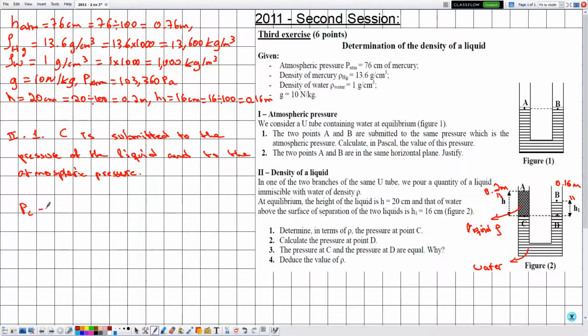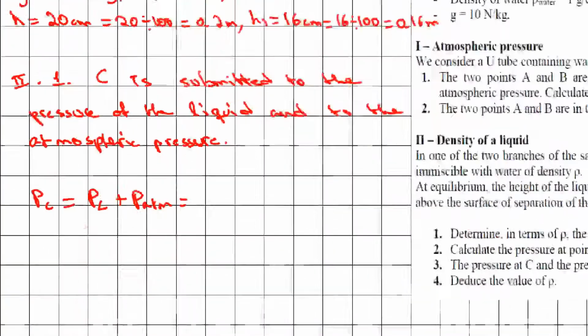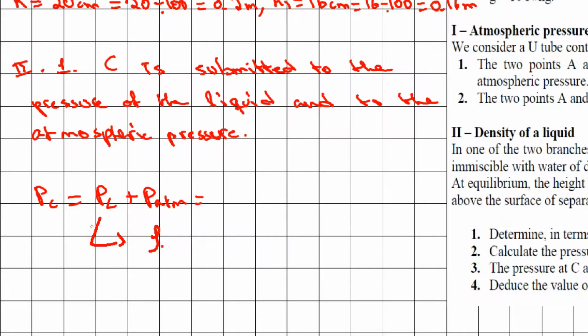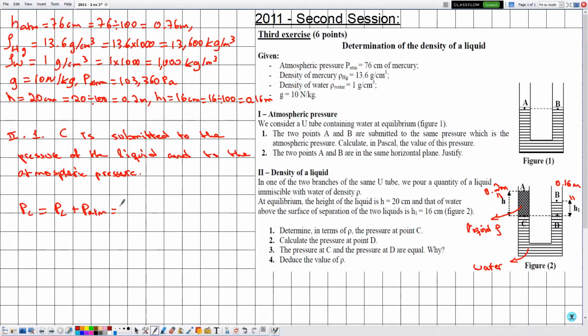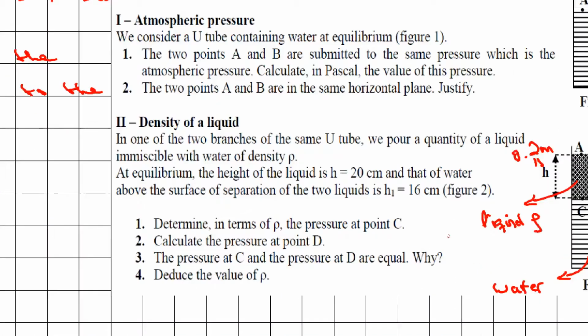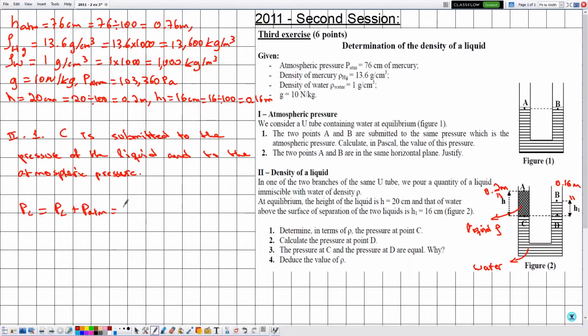So the pressure at the point C is the pressure due to the liquid, let's denote it by PL, plus the atmospheric pressure. And we know that the pressure of a liquid is given by the density of the liquid times G times the depth or height of this liquid. So it's given by rho, the density of the liquid, multiplied by G, and multiplied by the depth H, plus the atmospheric pressure.